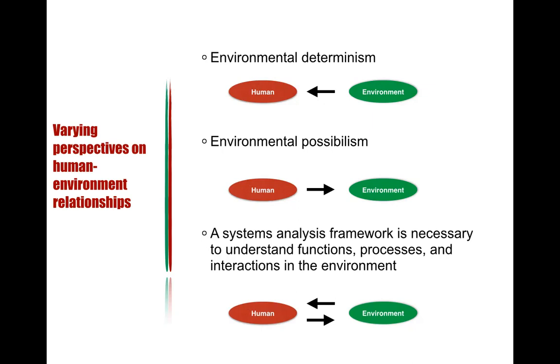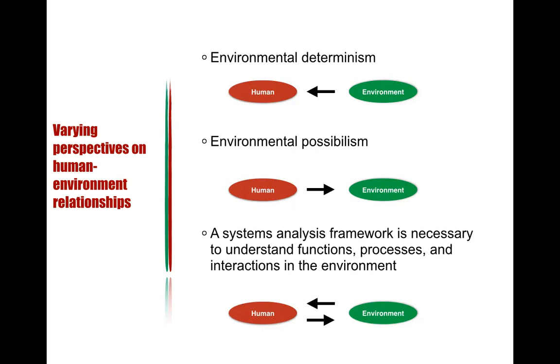But in recent decades, the systems thinking perspective has become stronger. It says that the relationship is more or less symbiotic, an interdependent relationship between humans, society, and the environment.